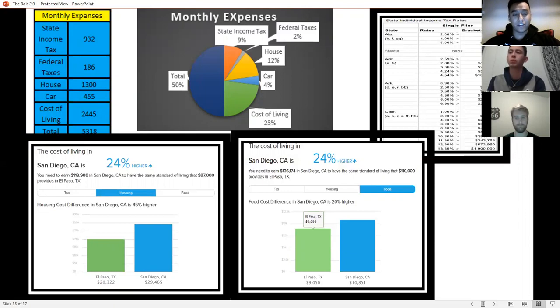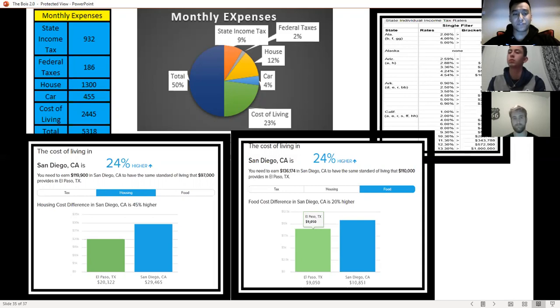You've got to look up what type of transportation you are taking. Are you going to take public transportation or are you going to be paying for a car? And then something that you can look at too is the cost of living. If you compare Texas to California at the cost of living for housing, you can see that San Diego is $29,465 compared to Texas, which is $20,322.